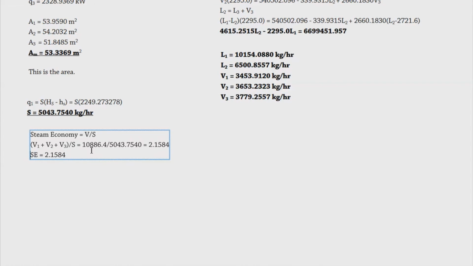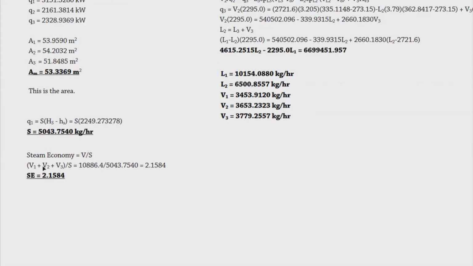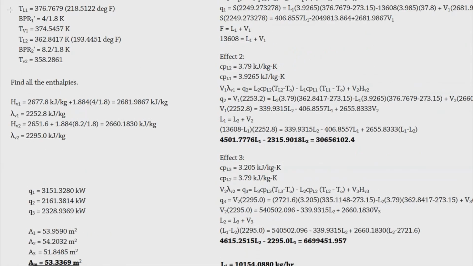Now, you might be thinking, why is this greater than 1? For multiple effect evaporators, it's common to get values greater than 1. The one that should be hypothetical and should not exist is in single effect, because technically you won't be able to get a vapor greater than the amount of steam. But in cases like this, the steam is fed just at the first effect, while vapor comes out at all 3 effects that we have.